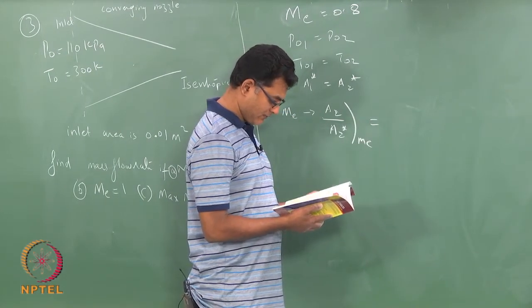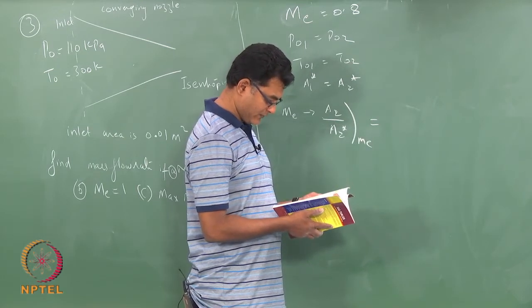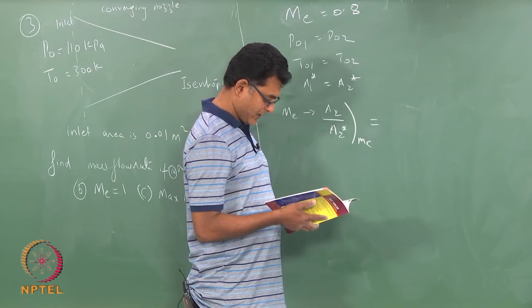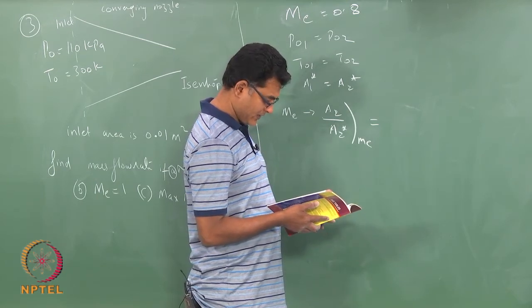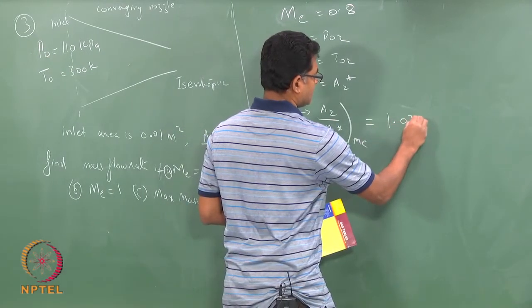So, I should be careful to pick the right chart. Gamma equals 1.4, M equals 0.8, I will have A by A star to be 1.038.